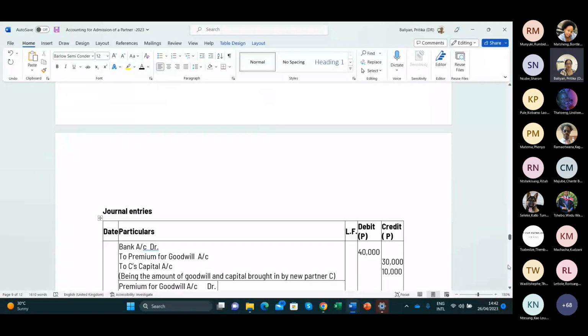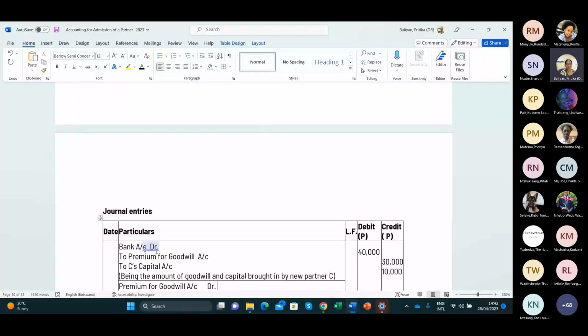You know how to pass the journal entries. When the goodwill and capital come, either it is coming into the bank or in the form of cash.